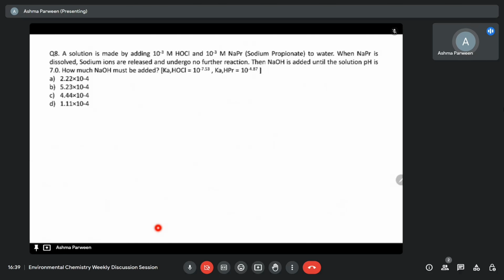We are adding HOCl at a concentration of 10 raised to power minus 3 M, and NaPr at 10 raised to power minus 3 M. Again, we are adding NaOH to the system. Let's first write down the species and the components present in the system.